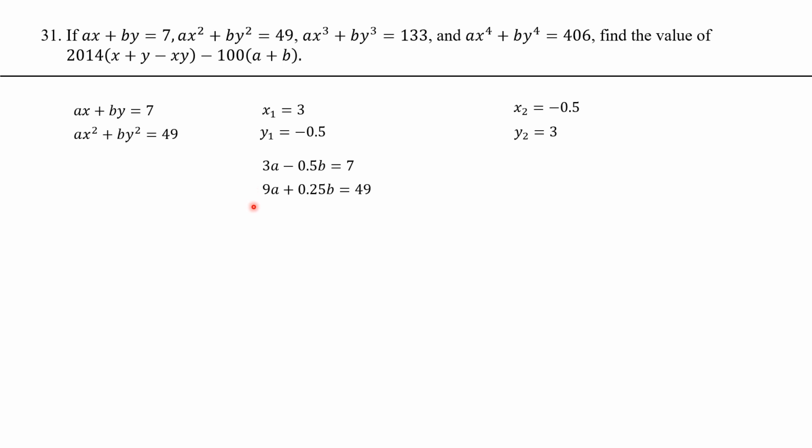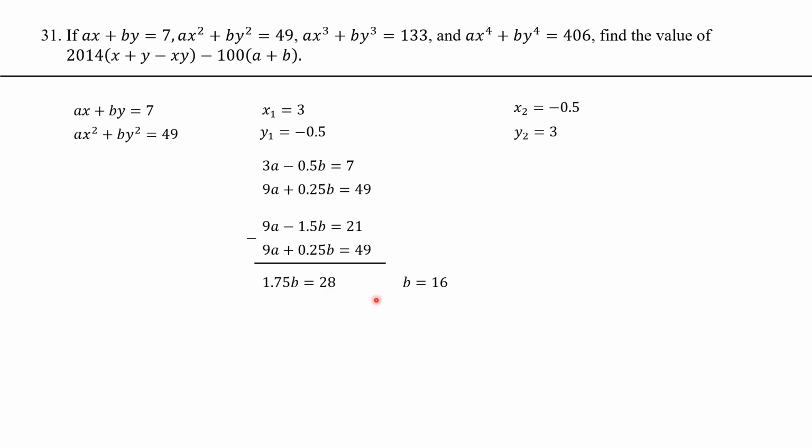Now I'm going to multiply the top equation by 3. So I have 9a minus 1.5b equals 21, right? I multiply both sides by 3, and then I can subtract the top from the bottom or the bottom from the top, it doesn't really matter. So I will end up with 1.75b equals 28, okay?